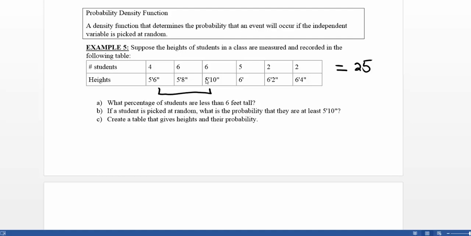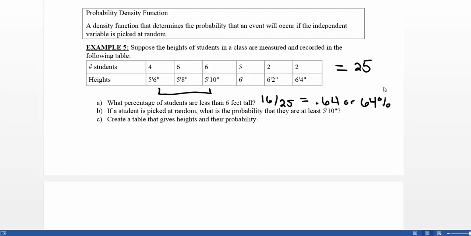So the number of those is 4 plus 6 plus 6. So 16 out of 25 are less than 6 feet tall. If we turn that into a decimal, we get 0.64, which means that 64% of the students in this class are less than 6 feet tall.